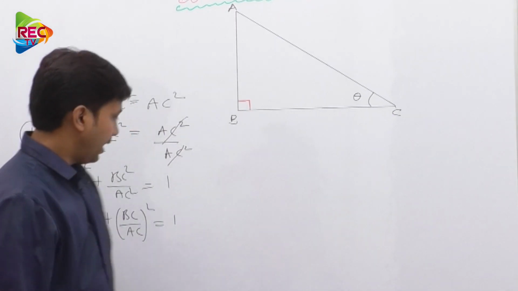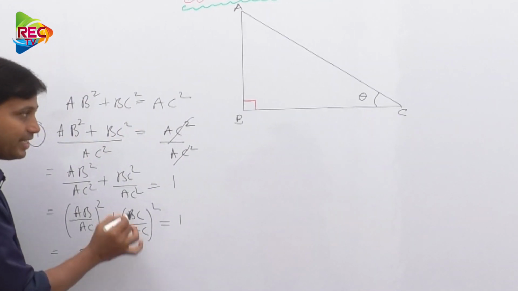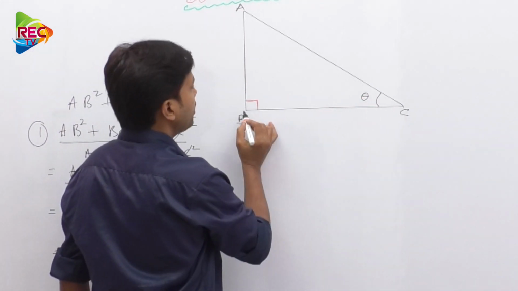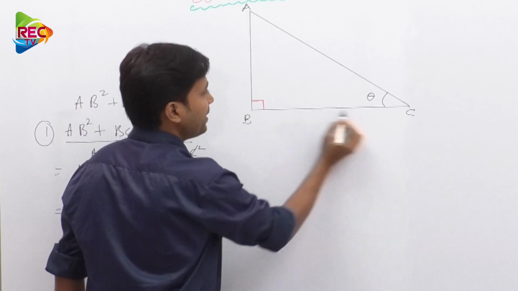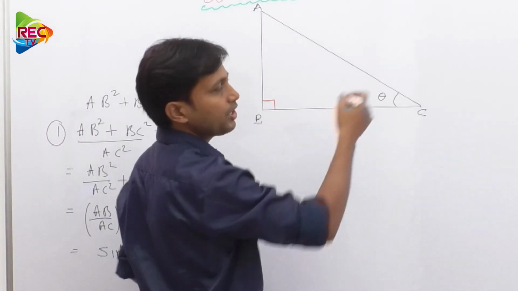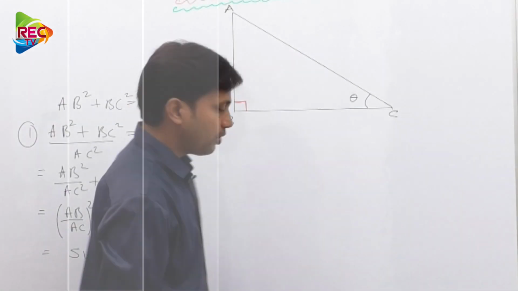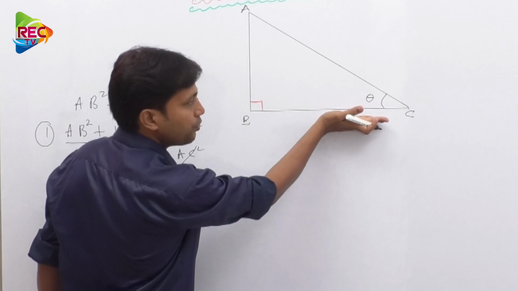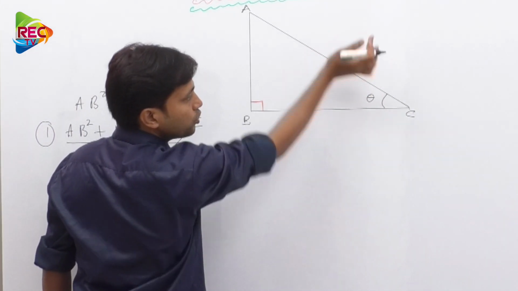Now what about BC by AC? To this theta, BC is the adjacent side, and AC is again the hypotenuse we have taken. So this is cos theta, the ratio between adjacent side and hypotenuse to this theta.